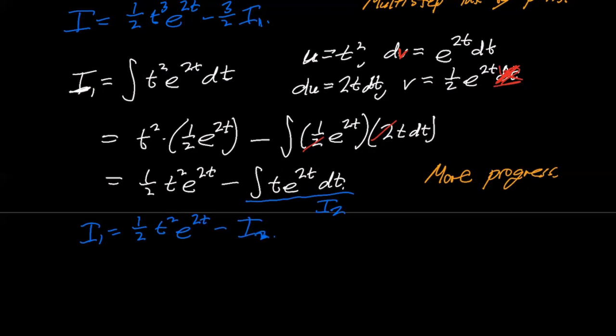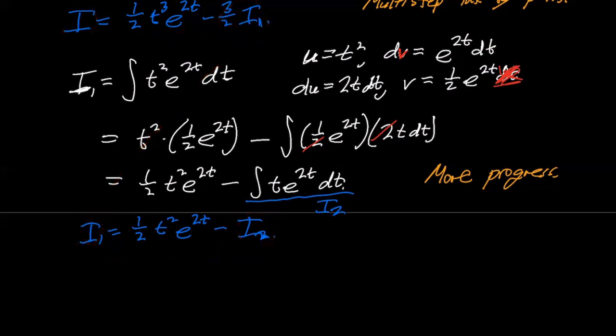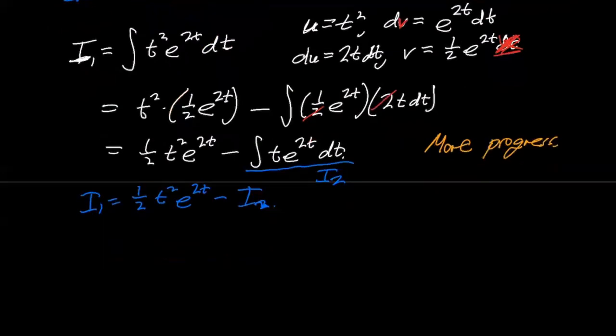Again, I'm just recording these so that I can plug them back in up the chain. Once I know I2, I can plug that back in to get I1 and then plug the result in here to get the integral I, right? Okay, so I2, a little bit tedious. You might even pause and try to get ahead of me and see if you can get it yourself, and then check your work against mine.